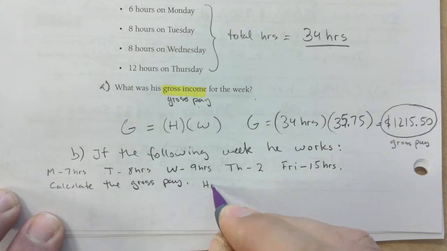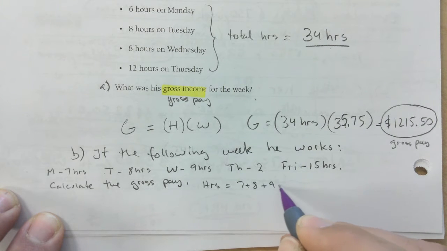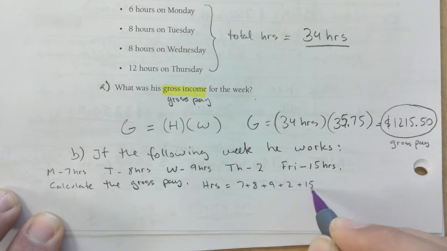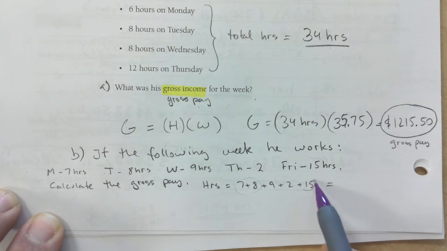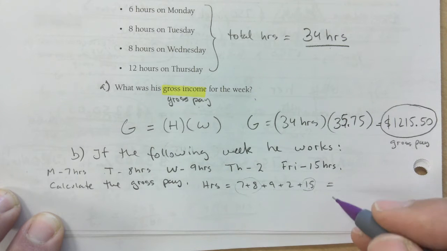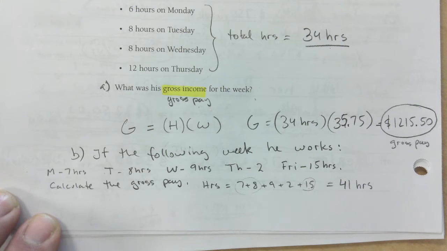So the hours: 7 plus 8 plus 9 plus 2 plus 15. This is 15 and 15 is 30, plus 11, that's 41 hours. Anybody know what a full work week is, Monday to Friday? How many hours in a day?